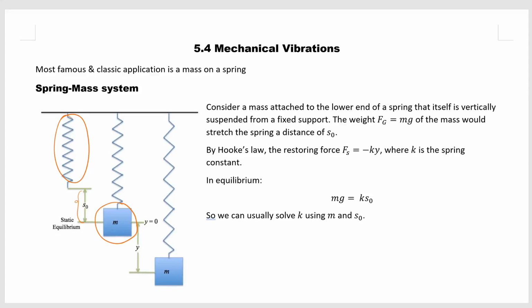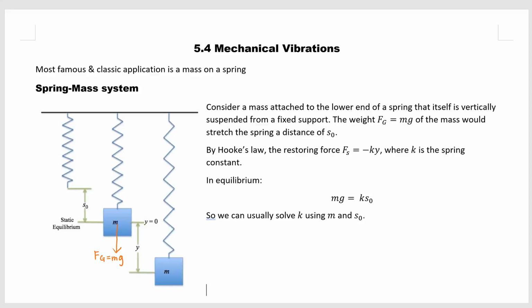We have the gravitational force. The gravitational force is pointing down because that's the attraction of the Earth, right? And the gravitational force, we know, equals mg. All right, and by Hooke's law, the restoring force Fs is negative ky.